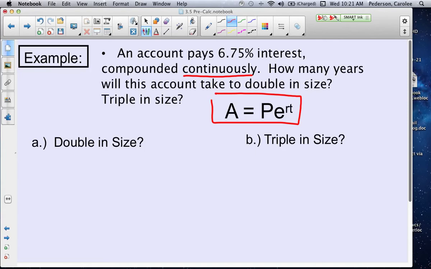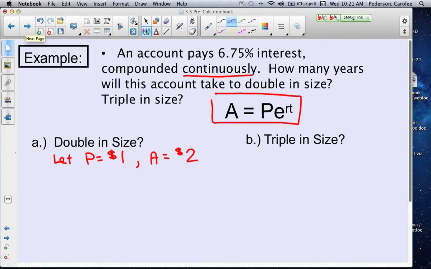In my equation, where are those numbers going to go? Let P equal $1. Then A must equal $2. It'll work for any amount of money.